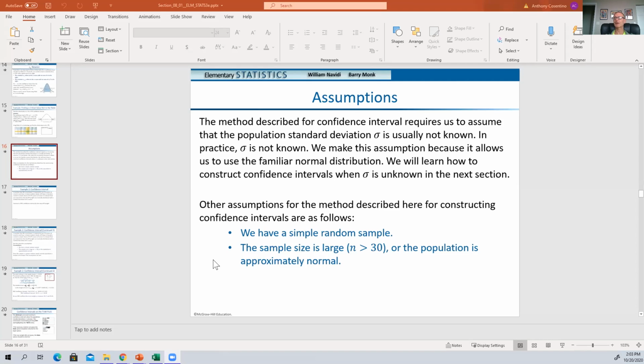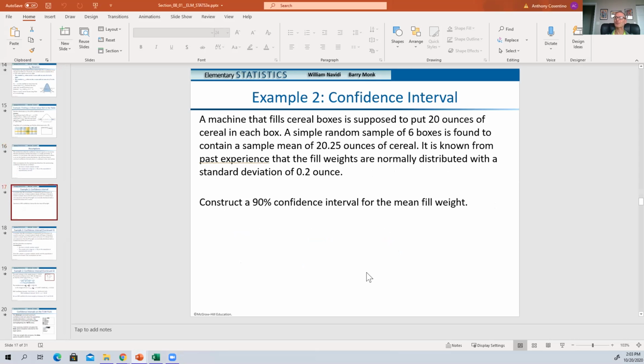And we're also making this assumption, which usually is not the case, but if it is, we can use the z-scores where we know the population standard deviation. We'll show you a different technique when the population standard deviation is not known. But before we do that, let's make sure we got this under control, right? So let's go through another example.